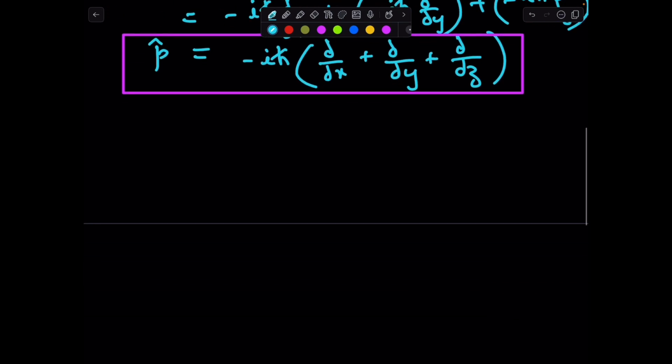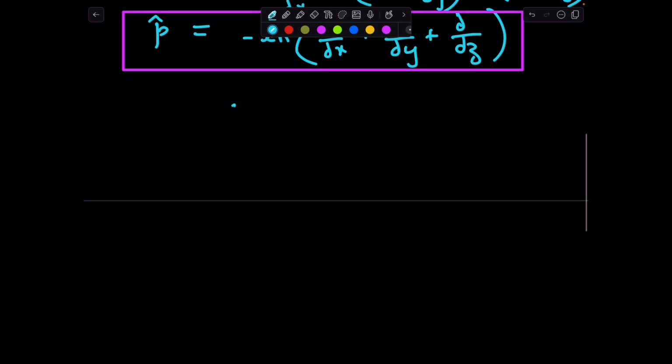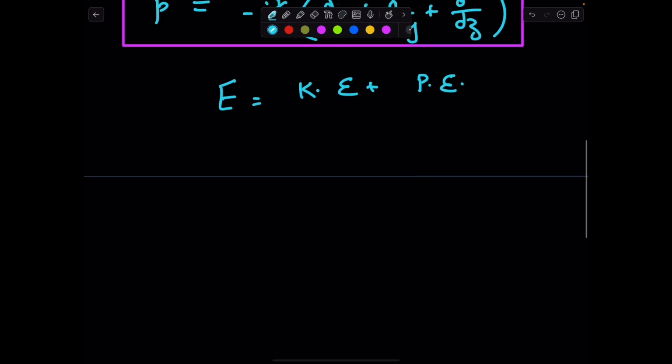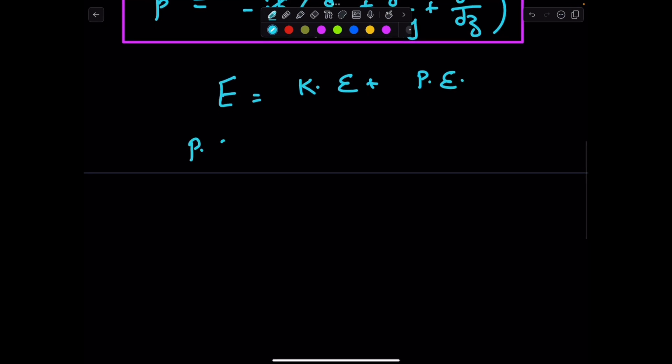Coming to energy. Energy is kinetic energy plus potential energy. Potential energy is denoted as V cap of x when it is in the x-axis.